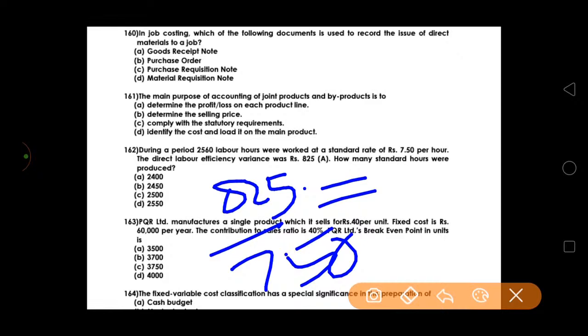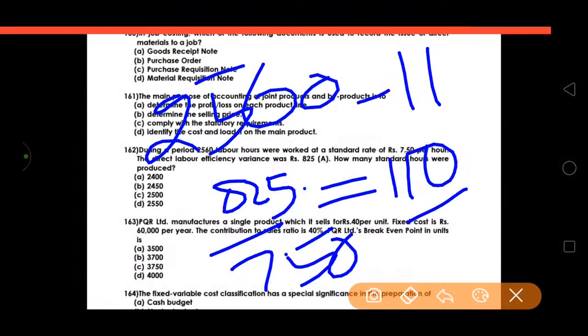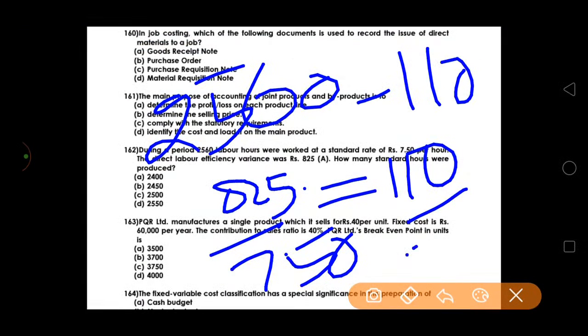So 24,000 we got. So that is 2560 minus 110. So 110 equals 24,000 to 2,450. B is the right answer.